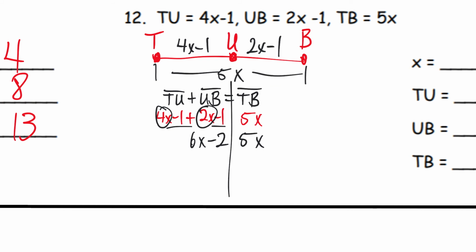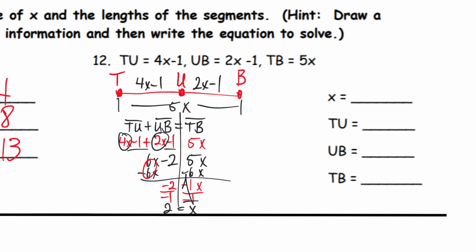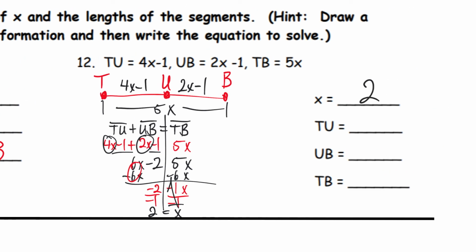Subtract 6x from both sides. This zeroes out, leaving negative 2x. Over here we have 5x minus 6x, which leaves negative 1x. Divide both sides by negative 1, and negative 2 divided by negative 1 is 2. So x equals 2.